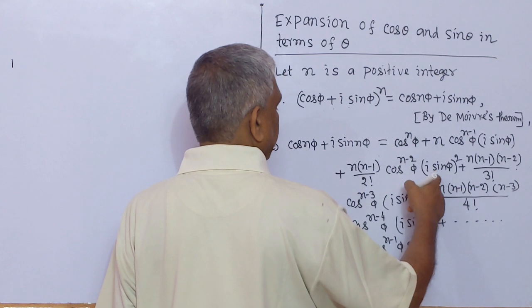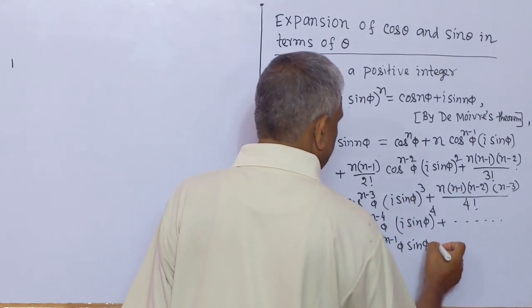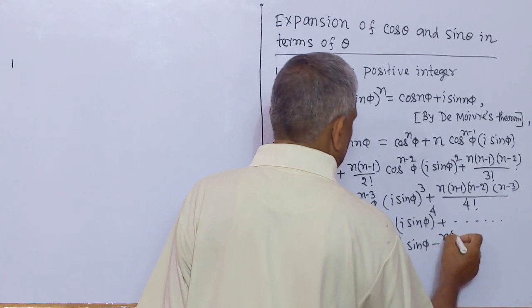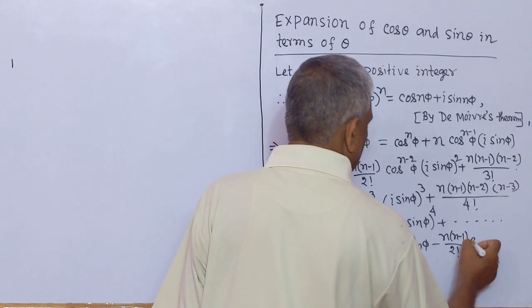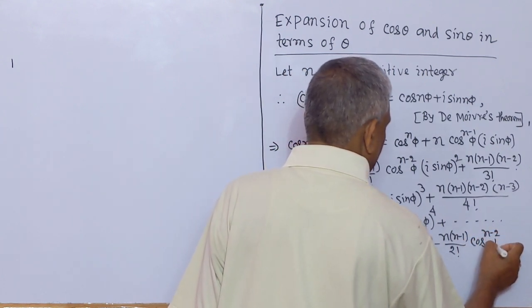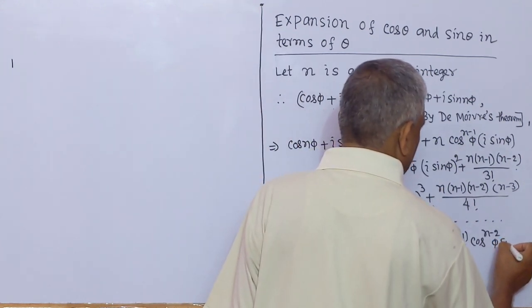Here i square means minus 1, so we write this as minus n(n minus 1) by factorial 2, cos to the power n minus 2 phi, sin square phi.